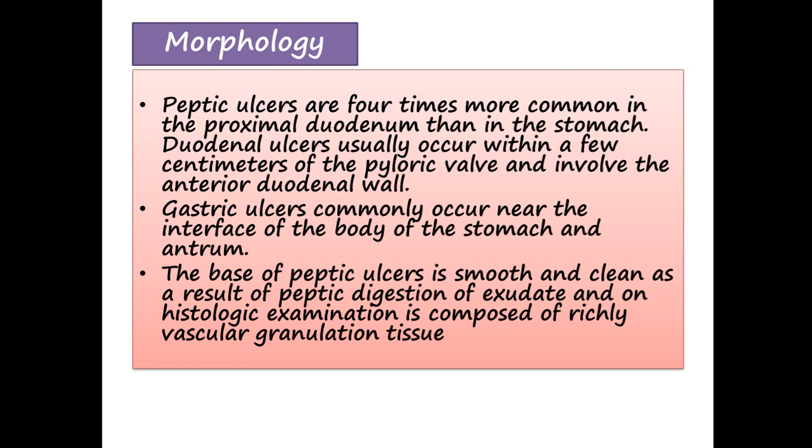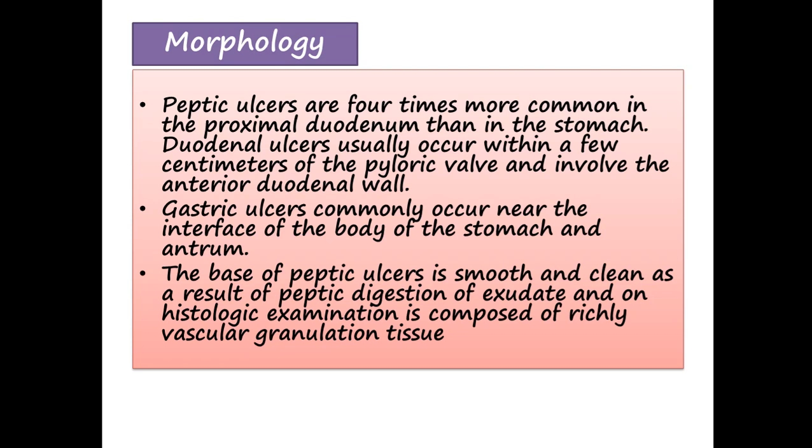And even in very long-standing conditions, we may see a deep layer which is composed of fibrous tissue or scar tissue. So we can say that the peptic ulcer is a very ideal picture in which acute inflammation, chronic inflammation, and excess granulation tissue formation can be seen at a single time.